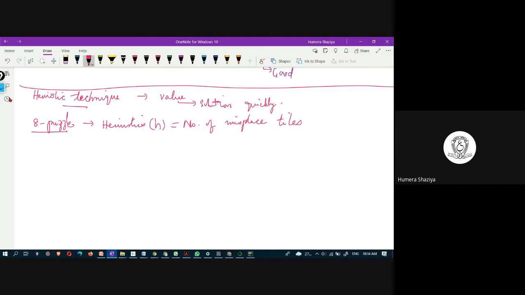Same start and goal state. Start state is 1 2 3 empty 4 6 7 5 8. This is S, which means start state. Goal state is 1 2 3 4 5 6 7 8 empty. This is goal G.